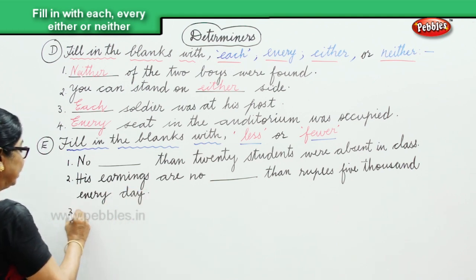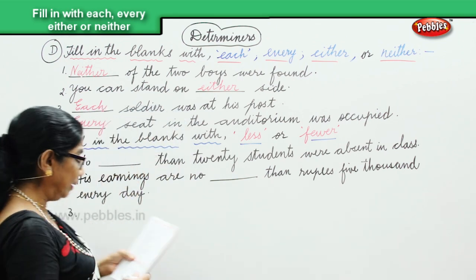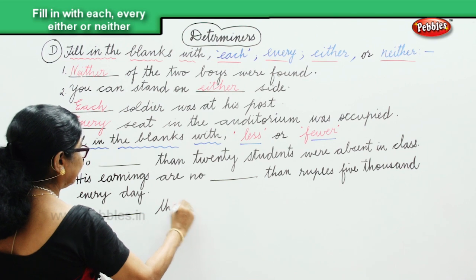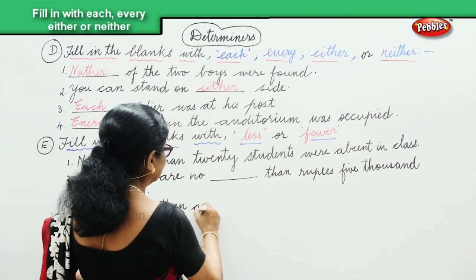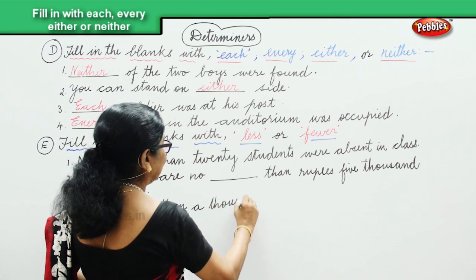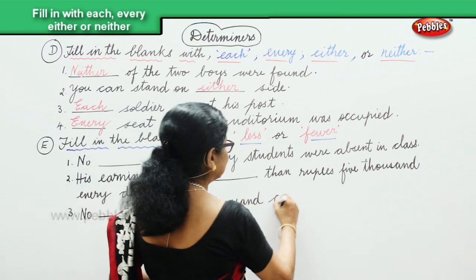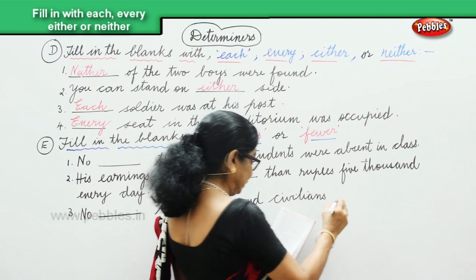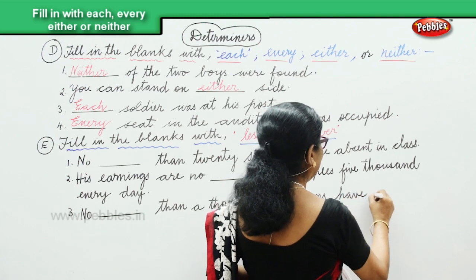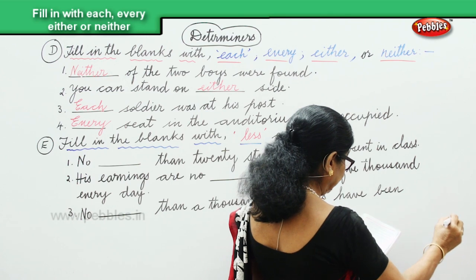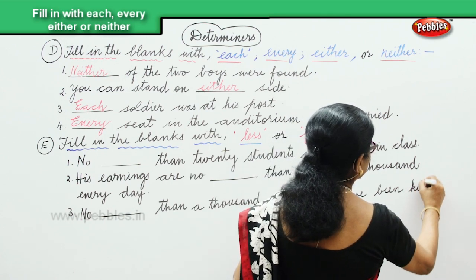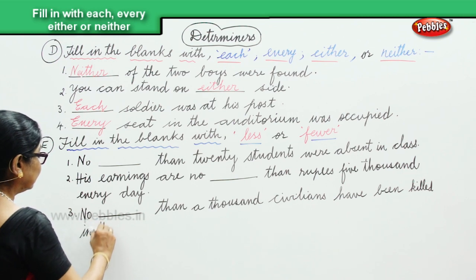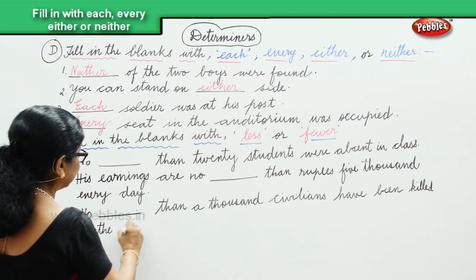And the third sentence I have here is, no dash than 1,000 civilians have been killed in the air raids.